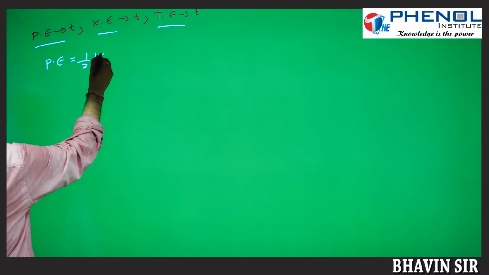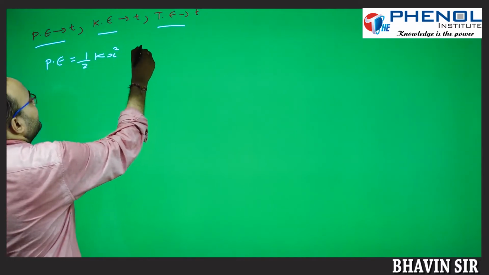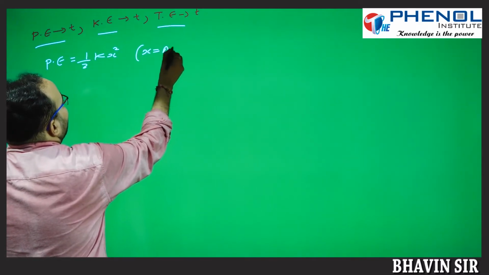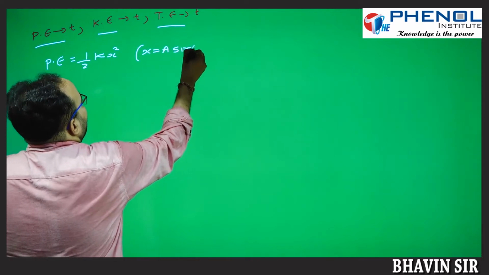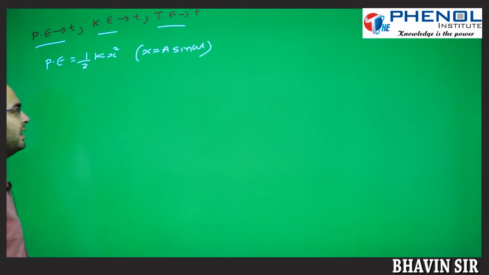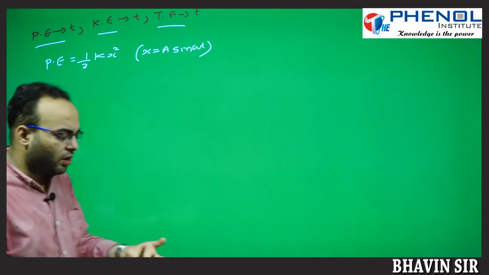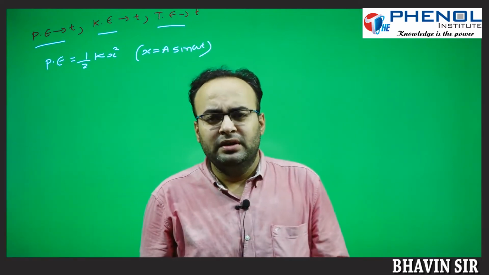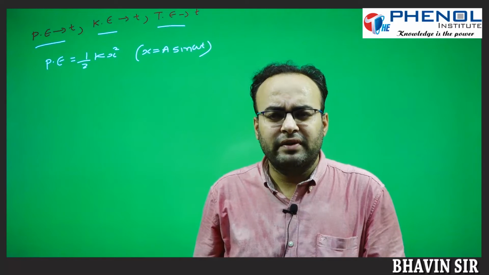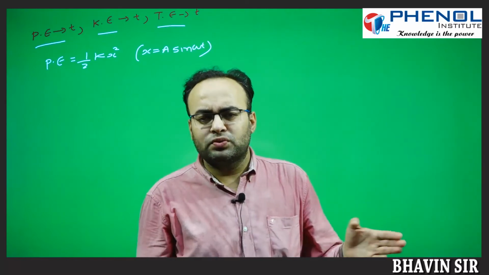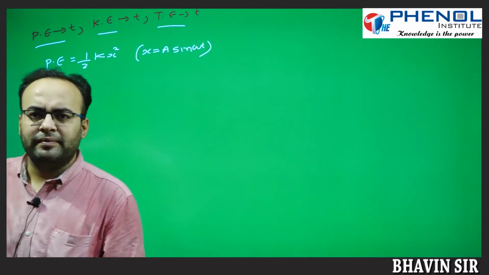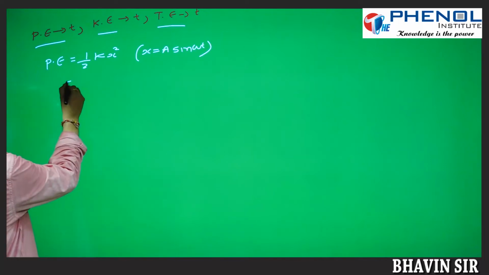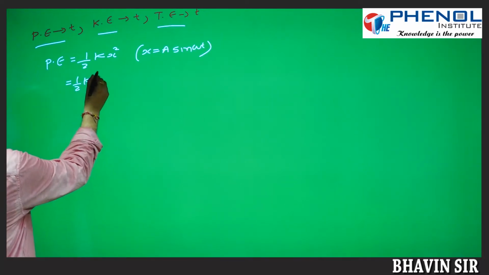See, potential energy is half kx square. Then what is the equation of displacement? A sin omega t. If you want to obtain the relation with the time, then in the place of x, x equals A sin omega t.